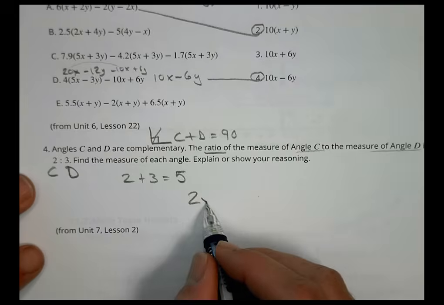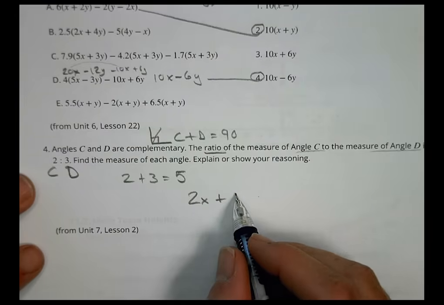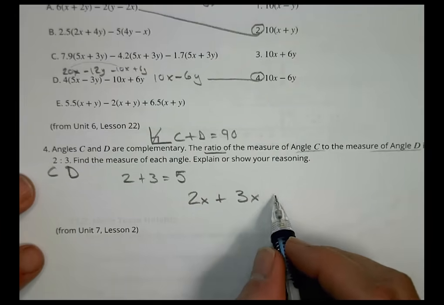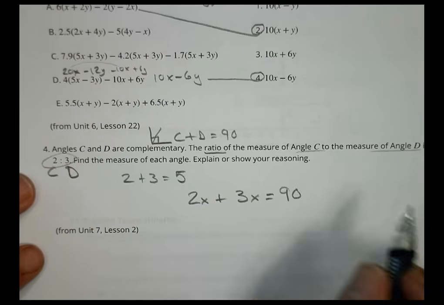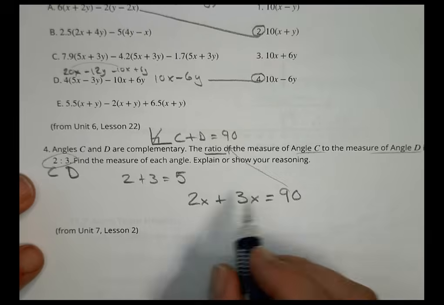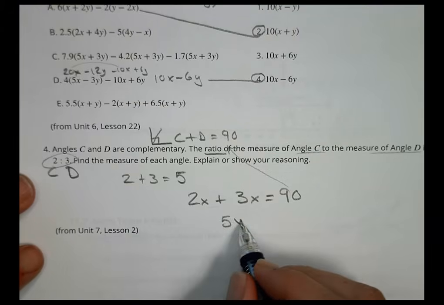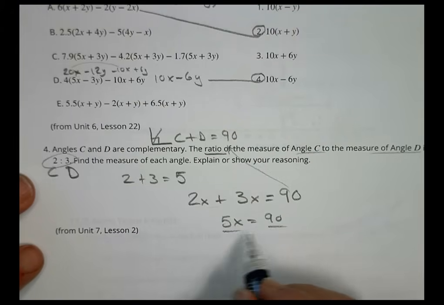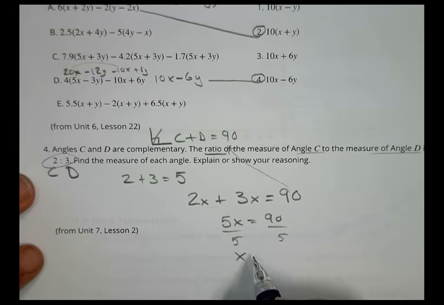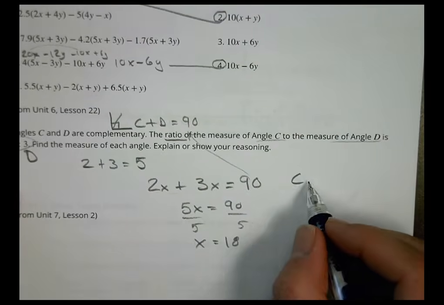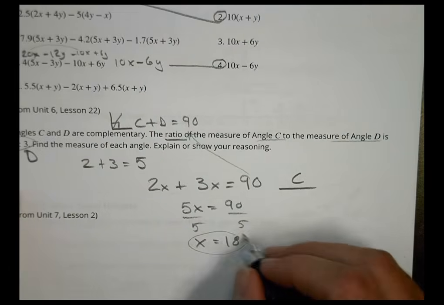We know 2 times some value plus 3 times the same value, because it's a ratio, is going to add up to be 90, because that is complementary. So 2x plus 3x is 5x equals 90. Divide both sides by 5, and the x now equals 18. So to find the value of C, we have to plug x into our equation.